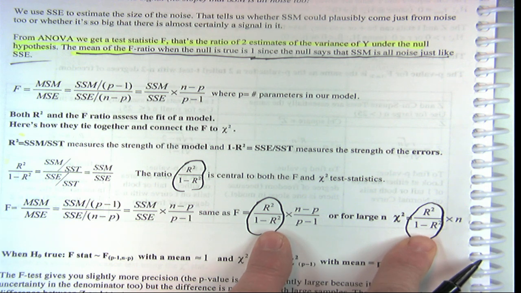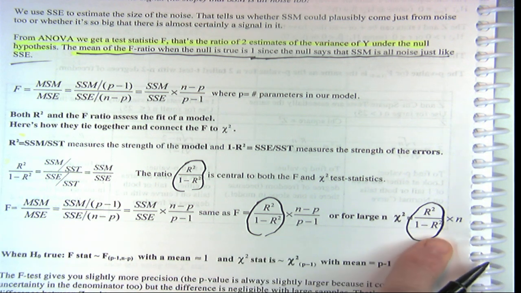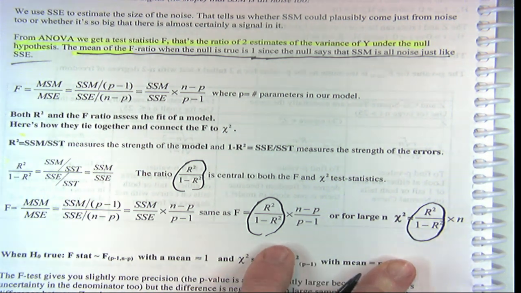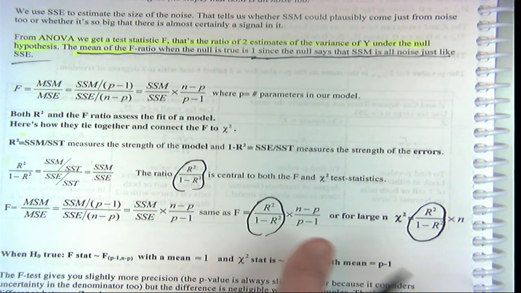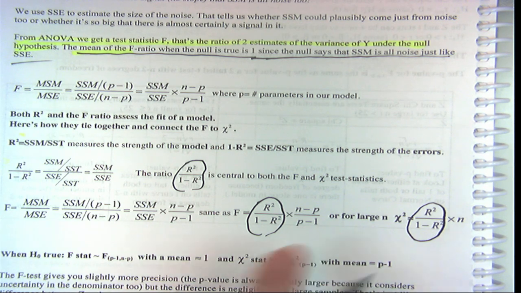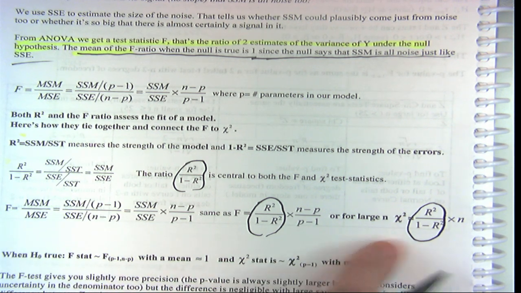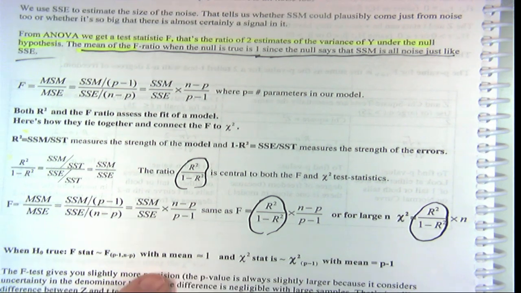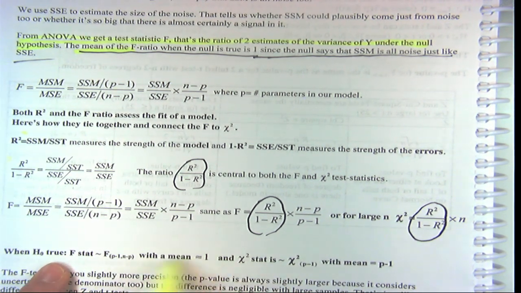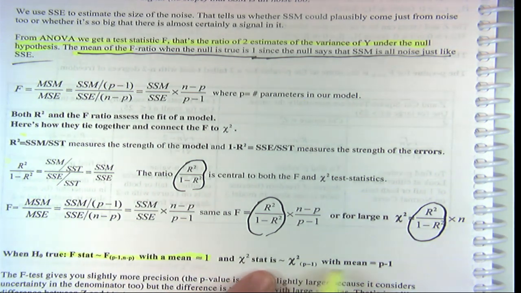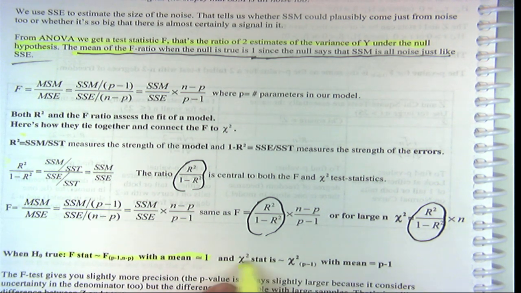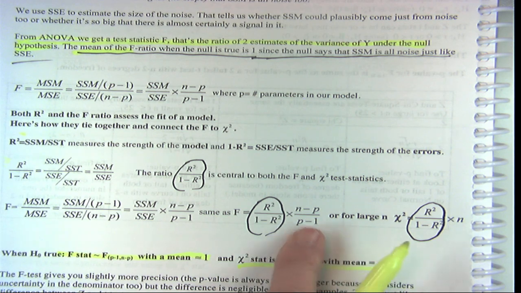They look just the same, except they're slightly different. They're off by a factor of p minus 1. And basically, this is just shifted over. When the null is true, we said the F has a mean of 1. But when the null is true, the chi-squared, which is going to be the same curve as n gets large, will have a mean of p minus 1 because we don't divide by p minus 1.